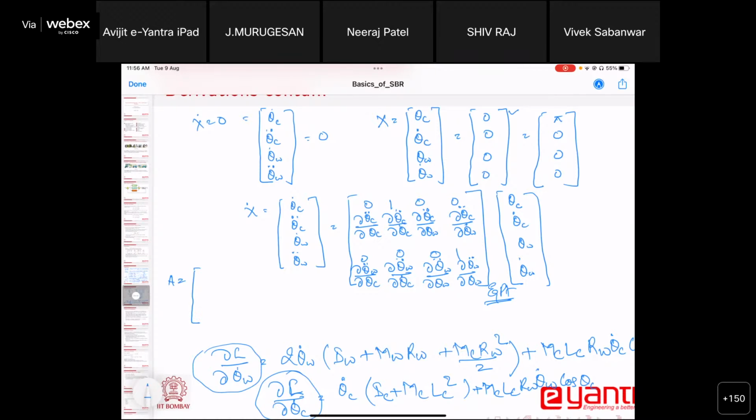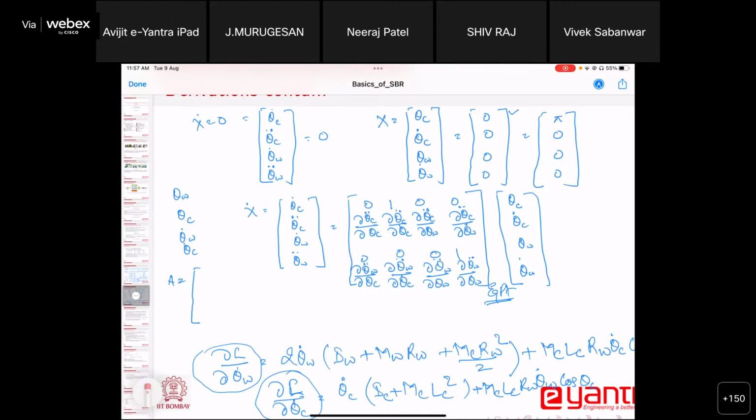Our A matrix is given, but there is a shuffling in the order of states which I have chosen. So my state is theta w, theta c, theta w dot, theta c dot.